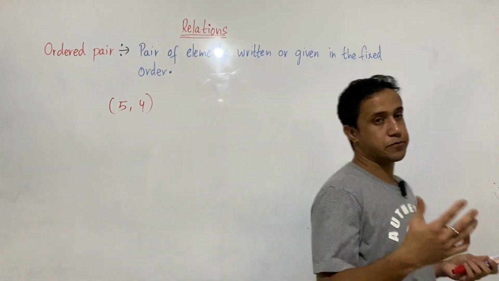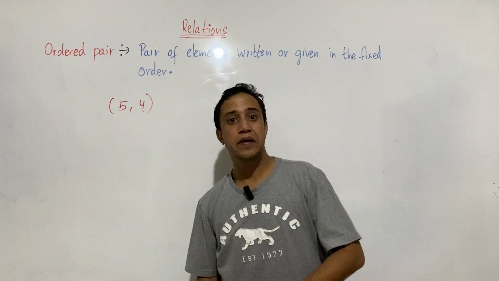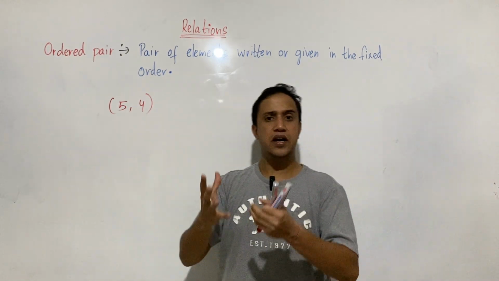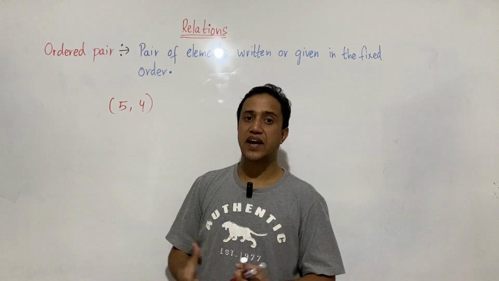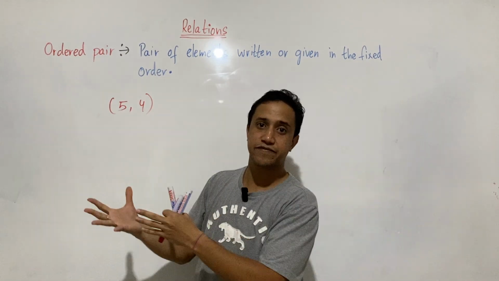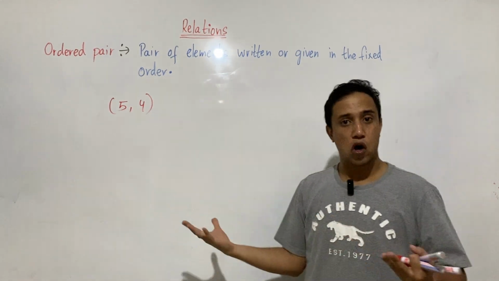We use ordered pairs in coordinate geometry. We use ordered pairs in relations and sets: when we establish or define relations between two sets, there we use ordered pairs.